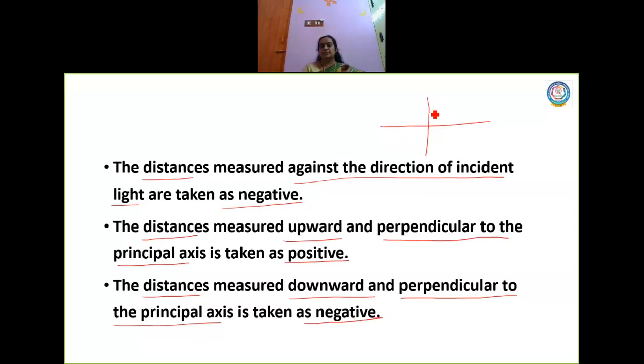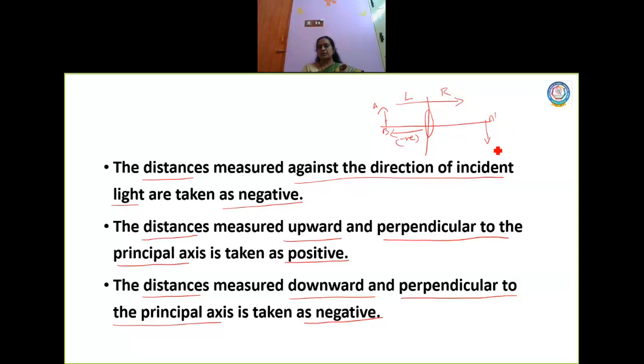Imagine a lens to be here. I just draw simply. My hand drawing is not good. Now this is the position of the object. As I told you, the object is always to the left side. So this is the negative distance. What is the direction of incident light? The direction of incident light is from left to right. Now real images are formed on the right. Suppose we imagine the image to be in this position.